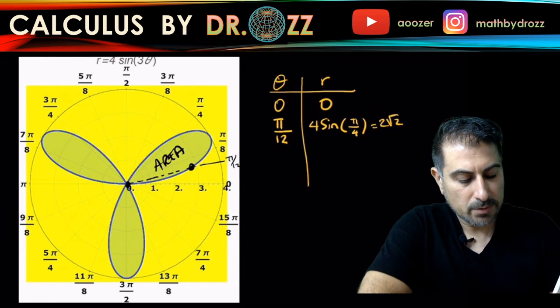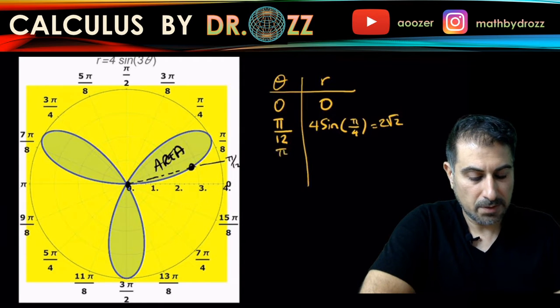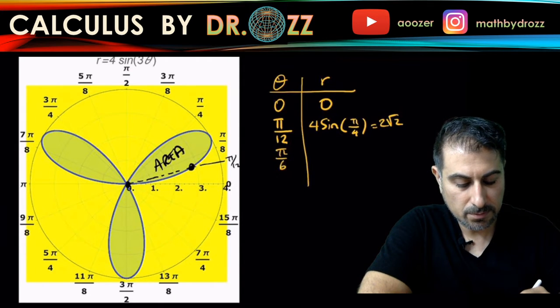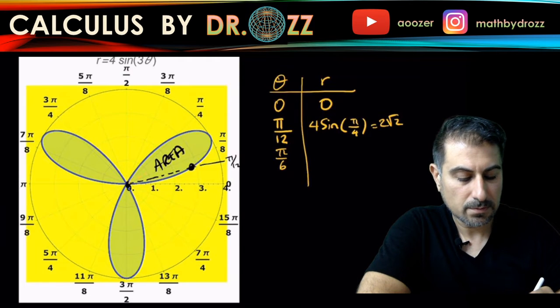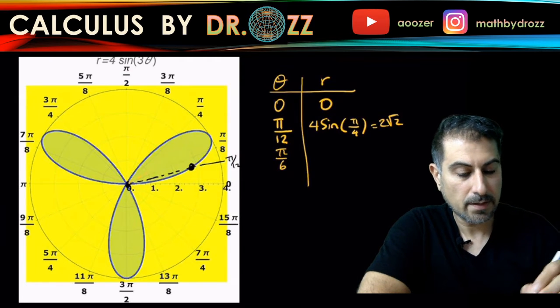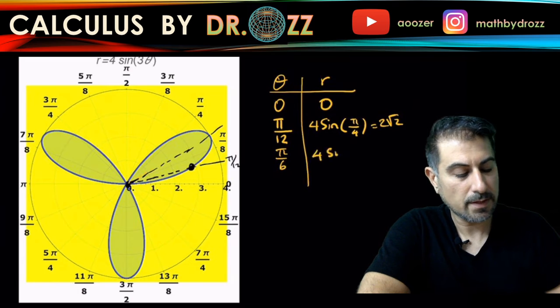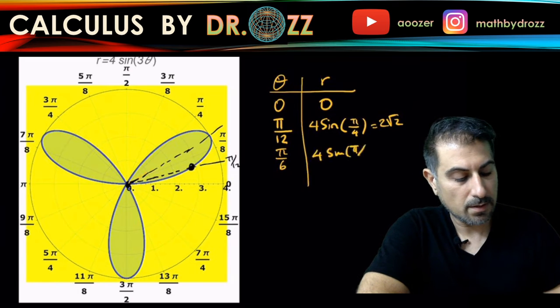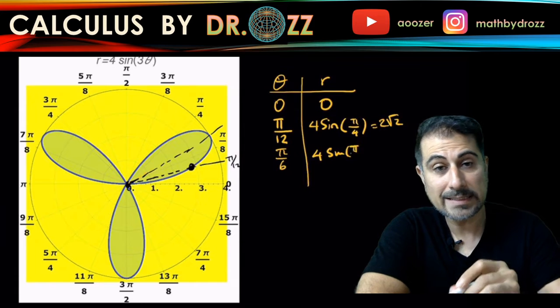How about pi over 6? At pi over 6, I think we're going to make a peak here. Let me just erase this. This is your pi over 6. Okay, so pi over 6 takes you to 4 sine pi over 2. I can use my unit circle, or you use your calculator if you want to, but I want the exact numbers.